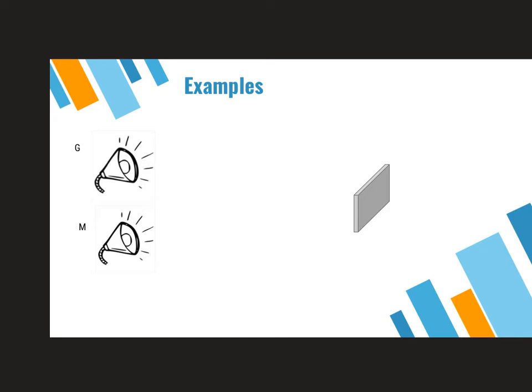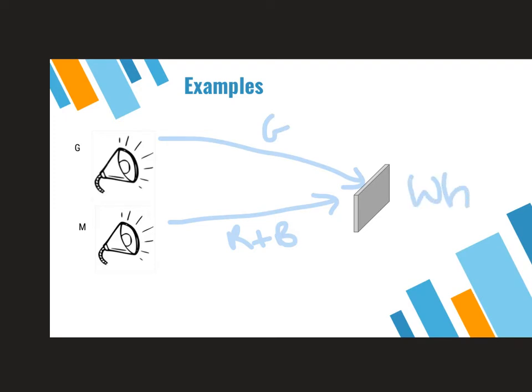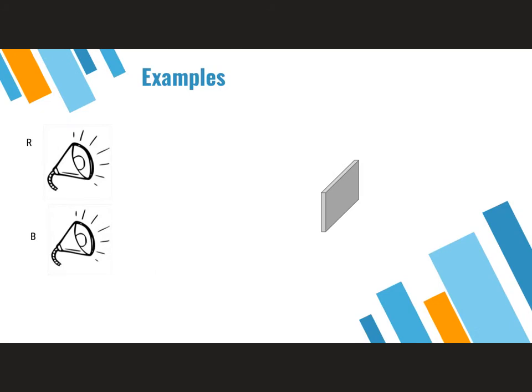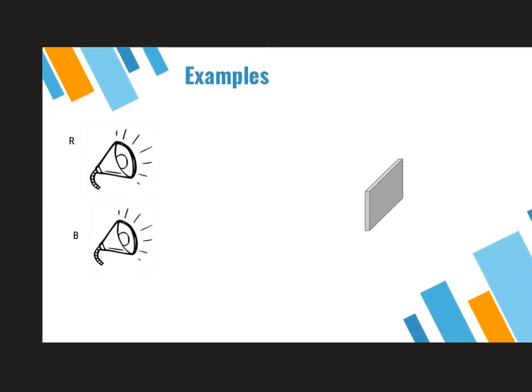The green would come in here, and magenta is going to come in here. Remember, magenta is red and blue, plus green. Red, green, and blue, when you add them all together, you get white. In this next one, I have a red light bulb on and a blue light bulb on, and so what I would see is magenta as the color on the screen.